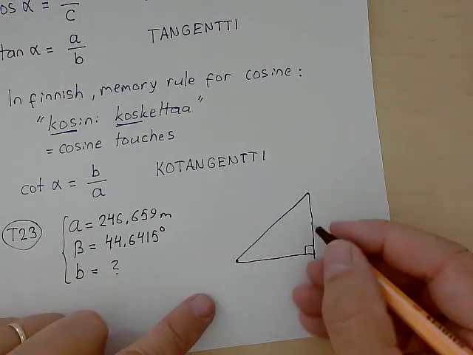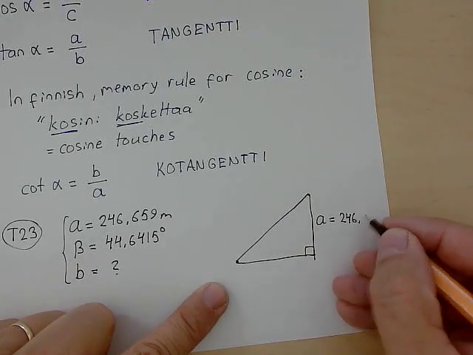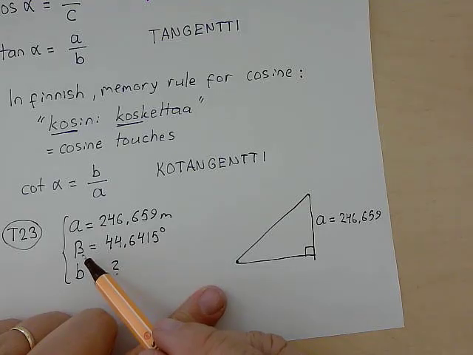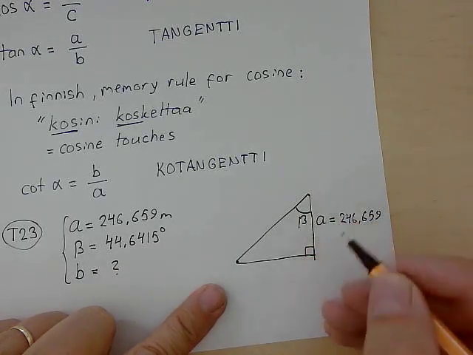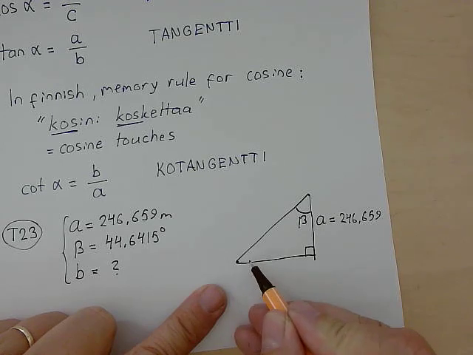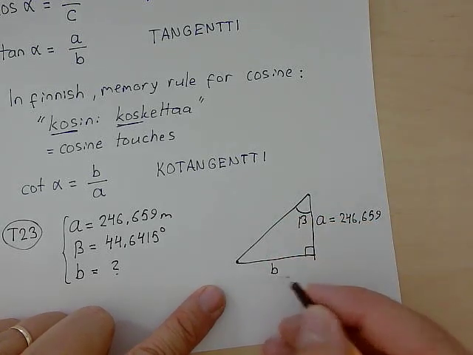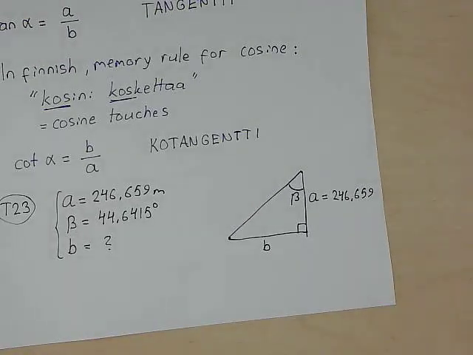For example, this is A. So then this beta will be this angle. It is not this, because this must be alpha. And B is this. So now opposite over adjacent.